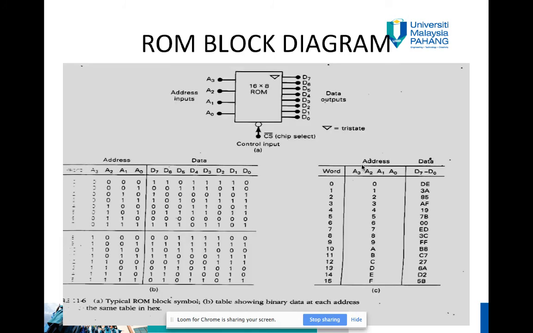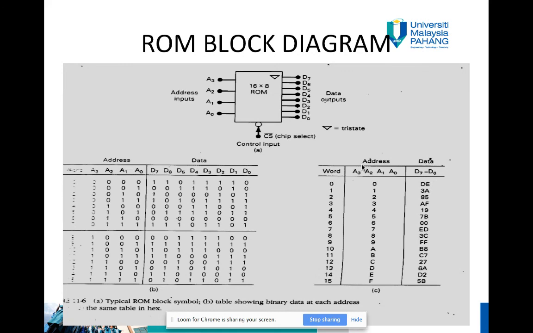This is the block diagram of ROM. You have the address inputs A0 until A3, a 16 by 8 ROM. Then you have the control input, chip select. Then you have the data outputs D0 until D7. This is an example of the table of ROM. You have the address 0000, then you have the data, for example, 1101 1110.